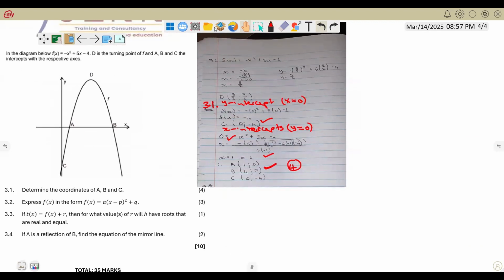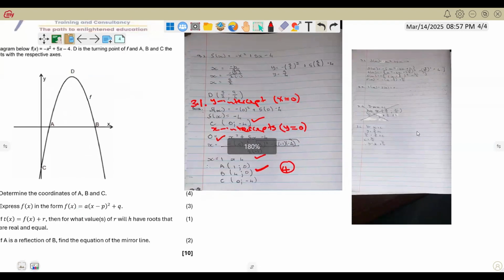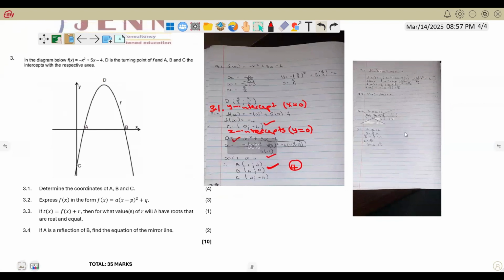Then let's go to the next one. Okay, are you seeing it properly? Yes, sir. Okay, let's go to 3.2. You used which method? Completing the square, right? Yes, sir. But, sir, I think one of them, the first equation that I did, is incorrect, because when you look for the intercepts, they're not the same, if that makes sense.